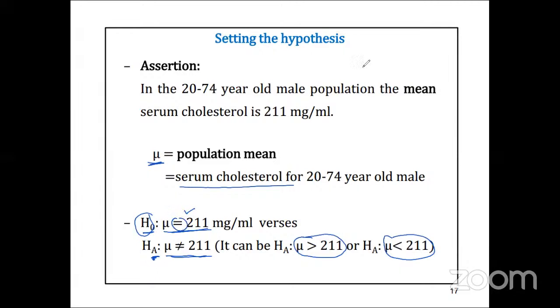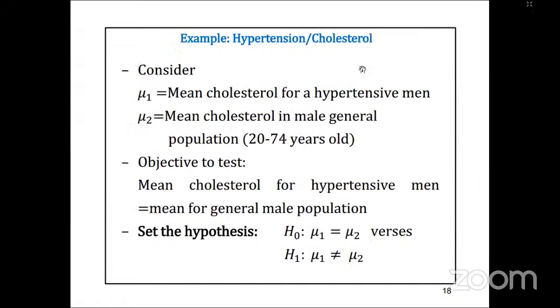Now, let us see one more example. Mean cholesterol for hypertensive men. Obviously we know that the general male population and the hypertensive male population are different. So the mean cholesterol for the hypertensive male population and the mean cholesterol for the general male population are going to be different.